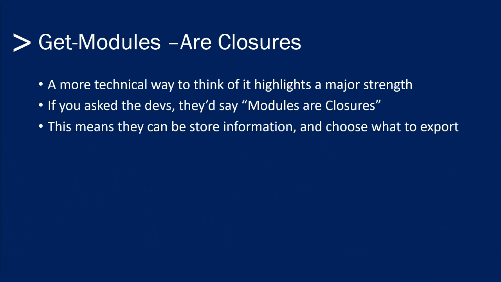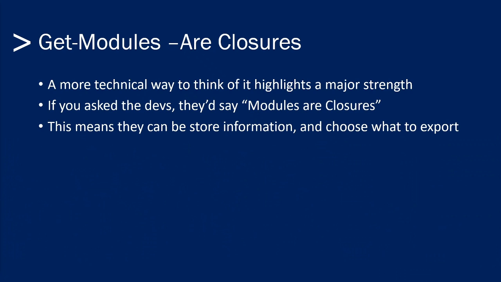The easiest way to think of closures, if you're used to most programming, is that a closure is a scope. It's a point at which variables can be defined and not leak out. But it's actually a little bit more than that, technically speaking, because it's an isolated section of memory, not necessarily protected, but isolated from the rest of the system in terms of what it knows about itself.